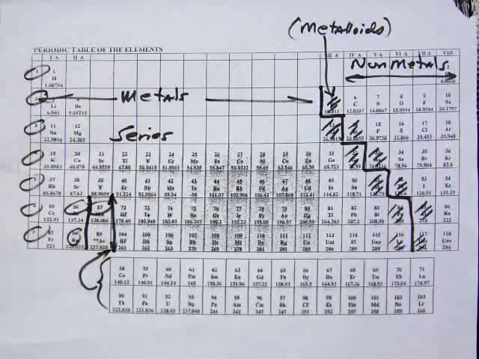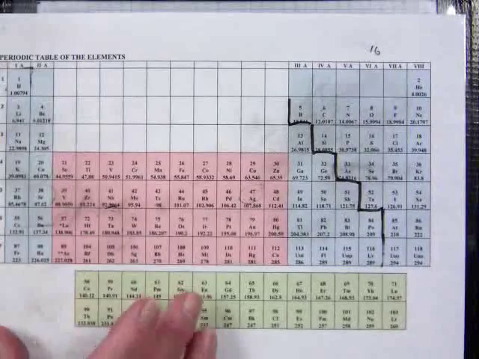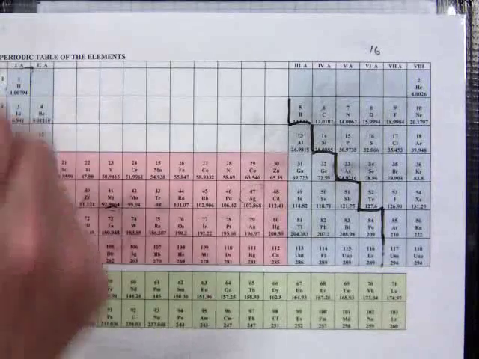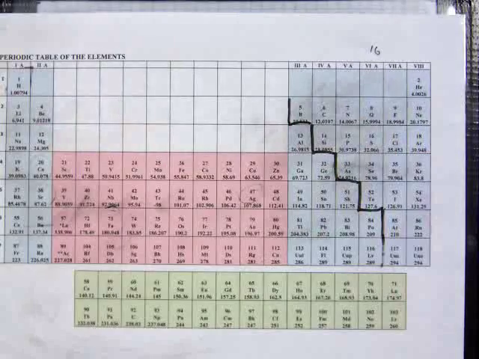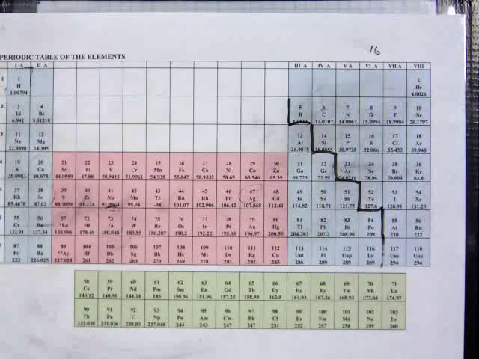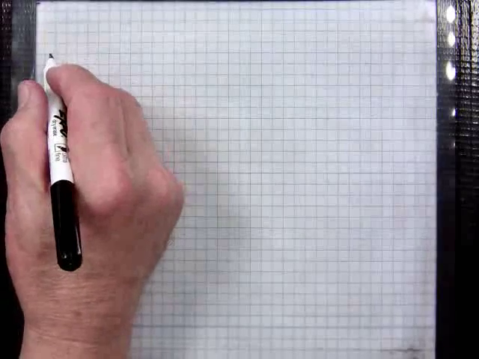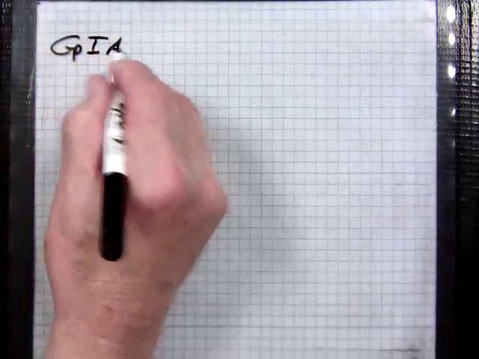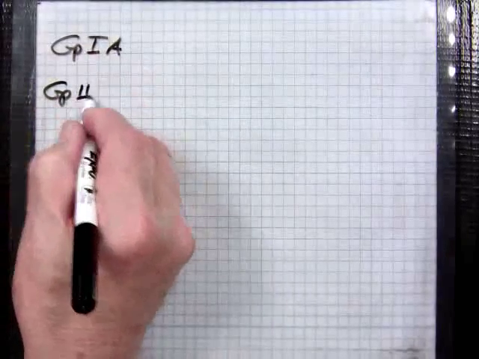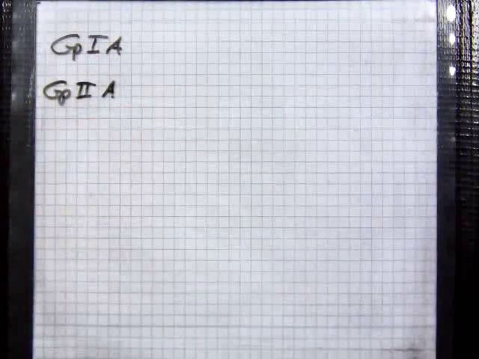Okay, now, our group numbers. Some of the groups have names, what we call formal names, and some groups do not. We have what we call the main groups, group 1A, group 2A. Those have formal names.